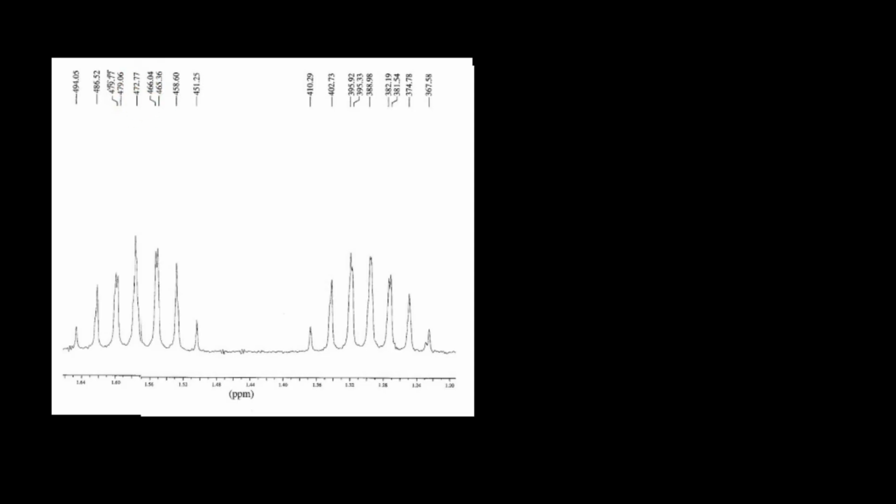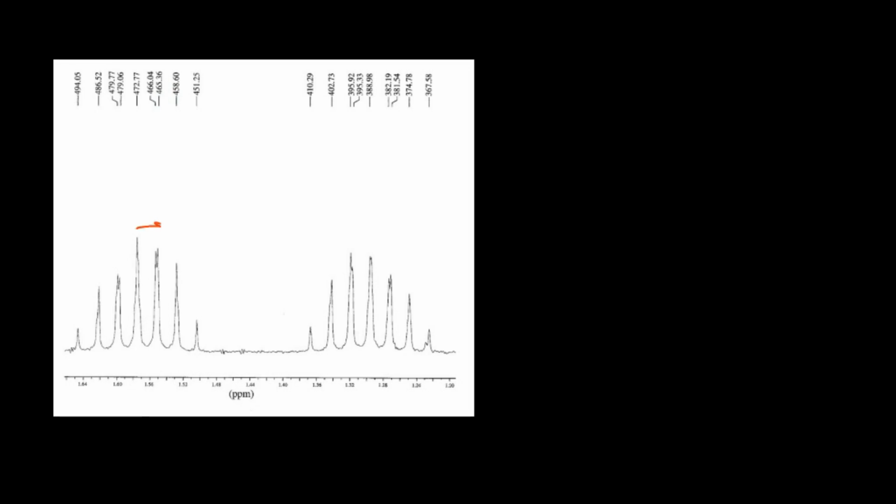So if I calculate the coupling constant, say between these two peaks, this value is 472.77, and this particular value is 465.36. If you subtract this, then you will get 1.